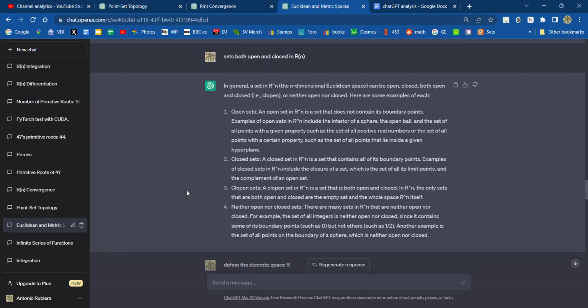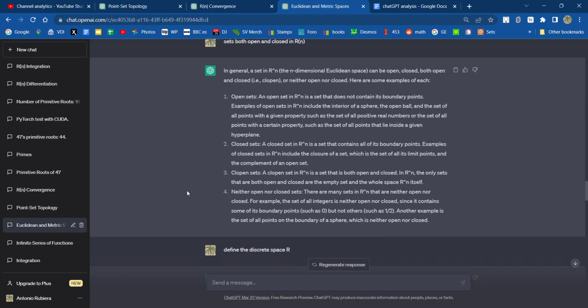Sets both open and closed in R to the n. The set of all integers is neither open nor closed.